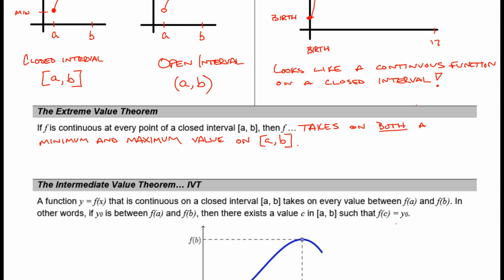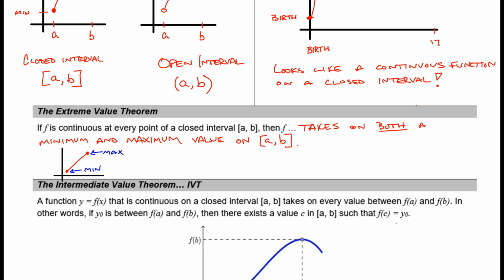So let's just look at some examples graphically. I'm just going to sketch a couple here real quick. So if I have a function that does something like this, well, that's easy to see. I've got my max here and our minimum here.